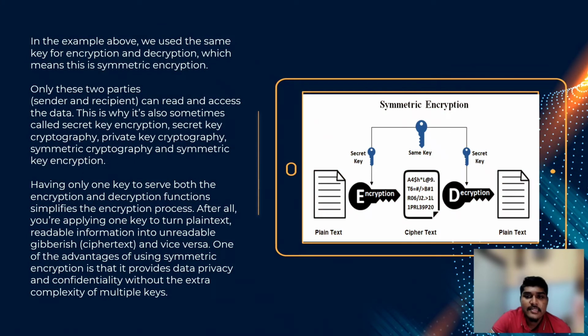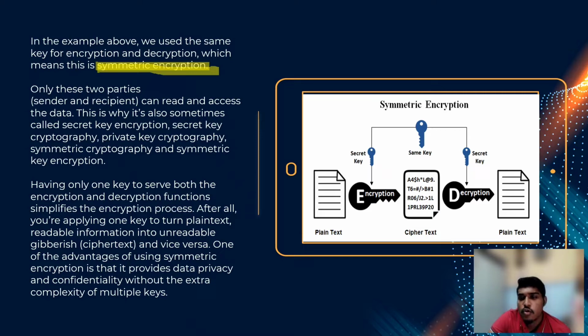Now let us see an example of a symmetric encryption diagram. In the example above, we used the same key for encryption and decryption, which means this is symmetric encryption. As I mentioned earlier, in symmetric encryption the same key is used for encryption and decryption.